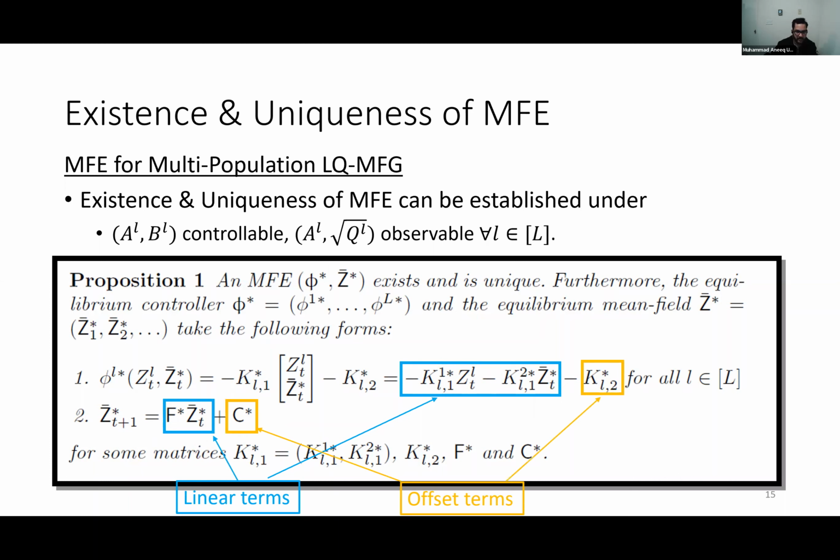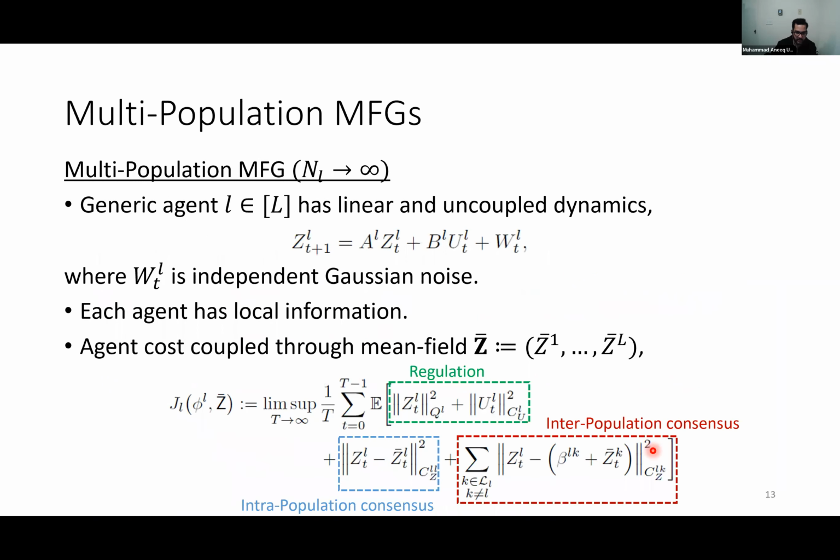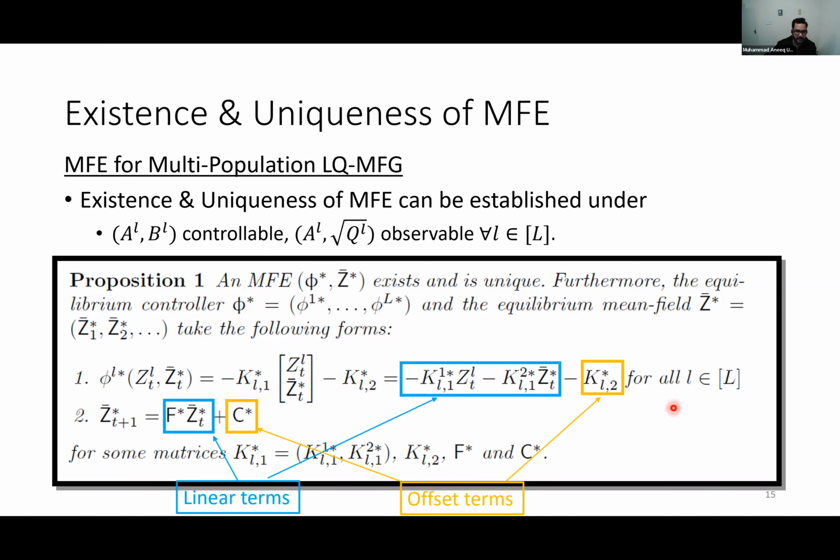The controller has a control offset term, and the mean field also has a mean field drift, and these offset terms are due to the difference of opinion. There are these difference of opinion terms in the interpopulation consensus, and these cause the offset terms in the equilibrium controller and the mean field trajectory.